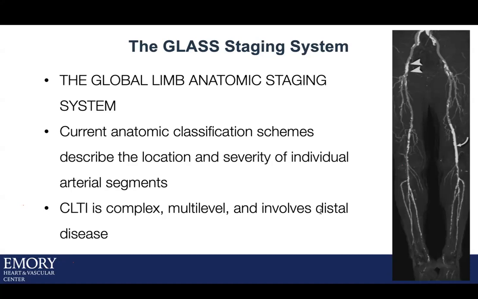The endovascular intervention depends on something called, and I'll be saying it frequently, TAP, T-A-P, target arterial path. You have to have inline flow to the foot, and that's what I mean by target arterial path. You have to have a straight line of blood flowing from the aortic vessel down to the foot. And that's what I mean by TAP.